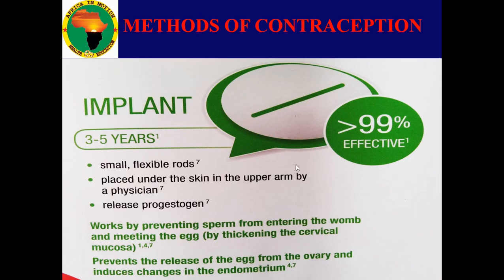Implant is another small rod that is placed most of the time on the arm so that it can prevent conception. It will be releasing hormones. It is very effective at 99%. It causes thickening of the cervical mucosa, so that it can even interfere with implantation.